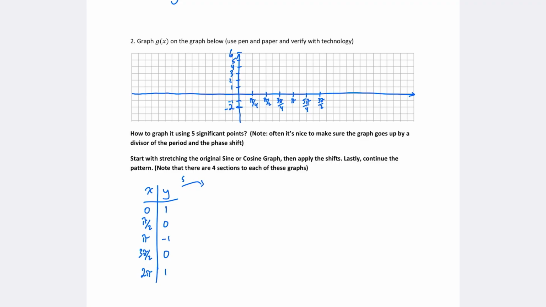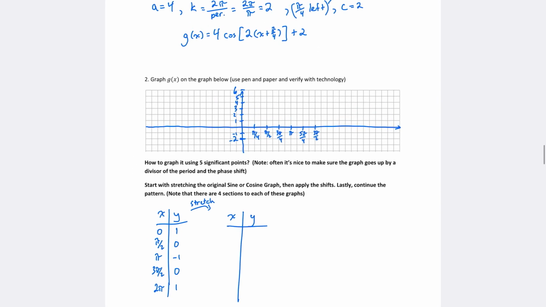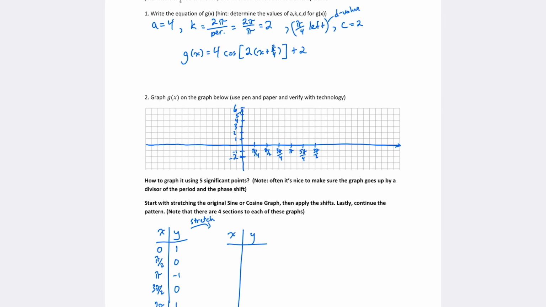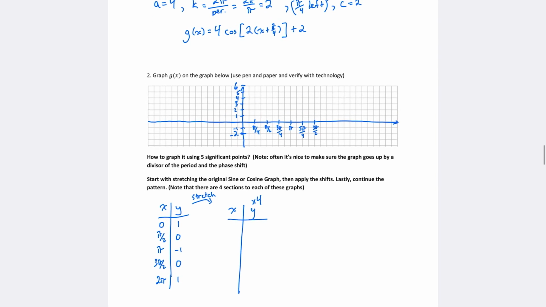Then we're going to stretch right now, okay? And so what we do to stretch each of these points is we look at the stretch factors. So our amplitude is 4, which means we're multiplying our y values by 4. Our period, the k, resulted in a k value of 2. And so because the equation says 2 right there, we're going to take each of our x values and divide them by 2.